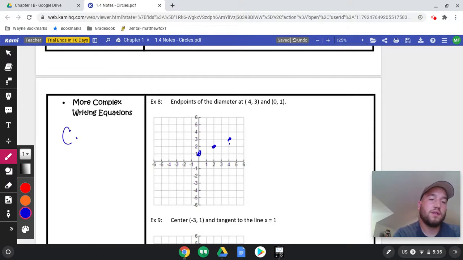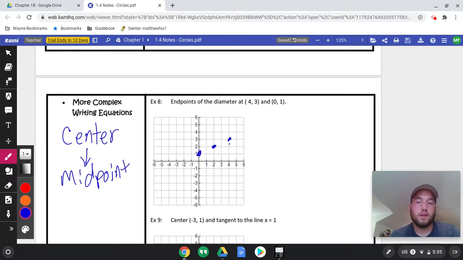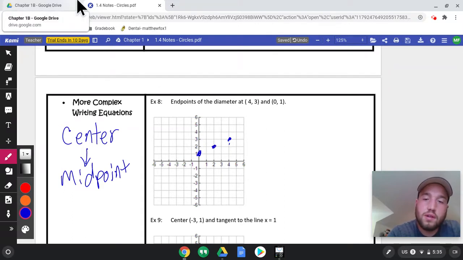Okay, the center, another way to think about that is our midpoint. Okay, now we know that our midpoint has to occur halfway between them, so at the point 2, 2. So our midpoint or center occurs at 2, 2.